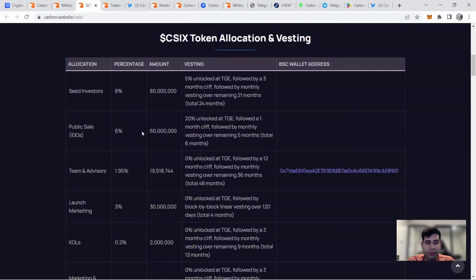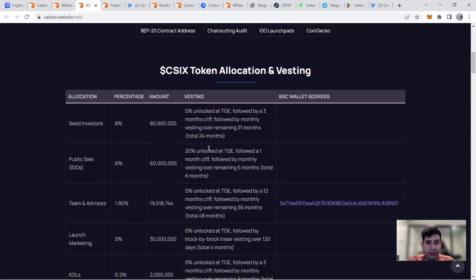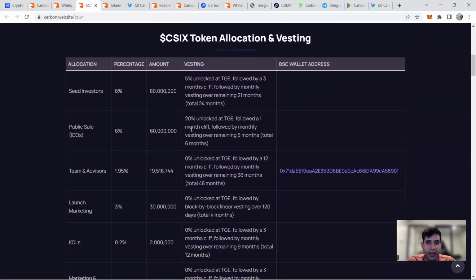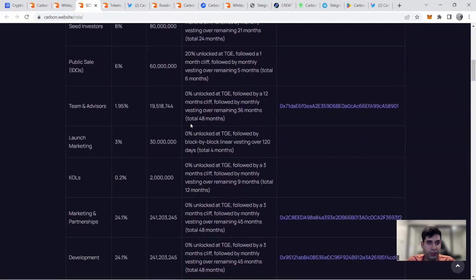So $10 million fully diluted value gives you a price of 0.01, and you get 20% unlock on the token generation event, then a 1 month cliff followed by monthly vesting over 5 months. So a total of 6 months vesting, which is pretty reasonable.